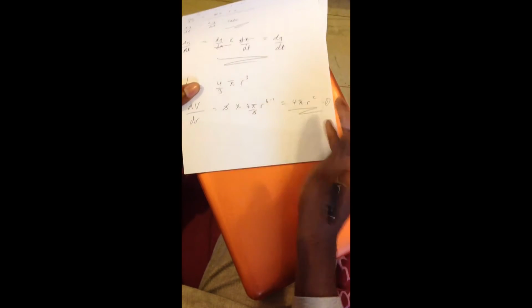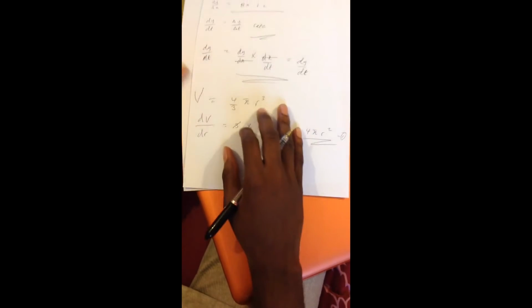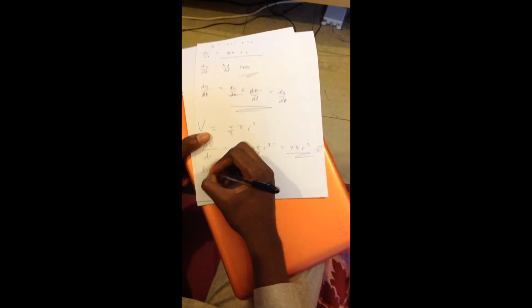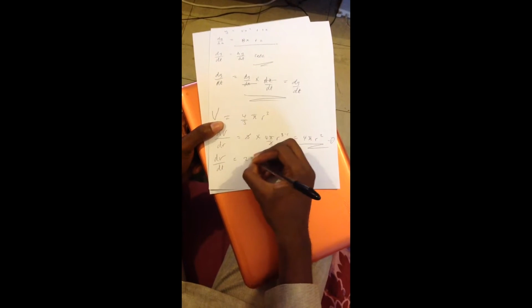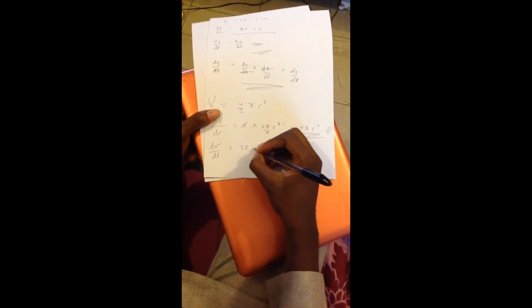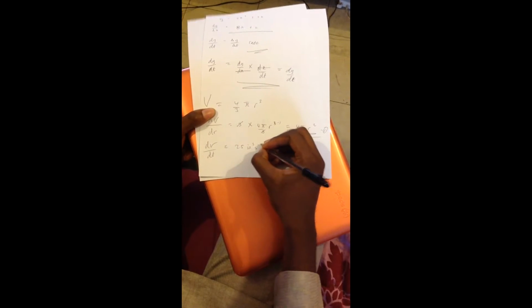Now we have that. Write this as equation 1. We already know what dV/dt is, which is equal to 25 cubic inches per second, as previously stated here.